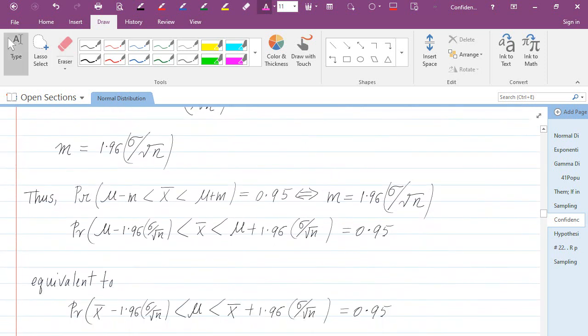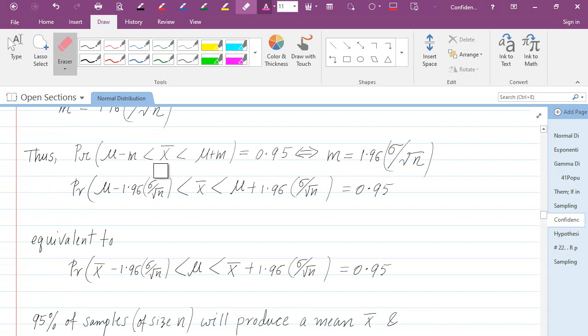That means that the probability that x bar is m units from the population mean is 95%. So we found that it is 95% if and only if m is 1.96 times sigma over root of n. And I haven't plugged in the values of sigma and n yet for our BGSU students' height example.